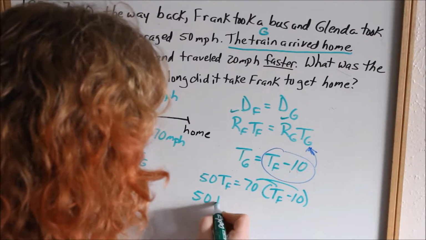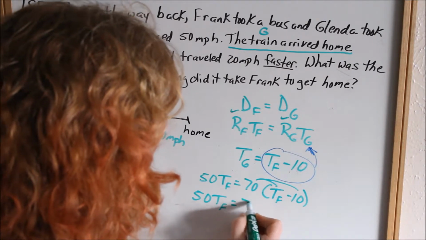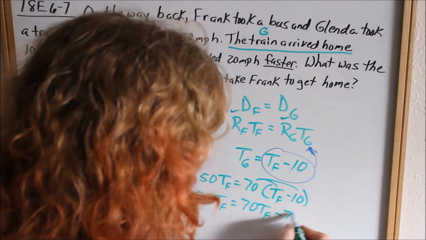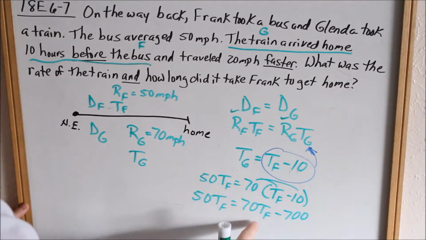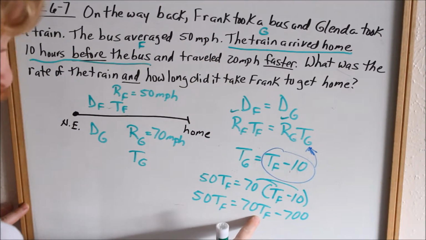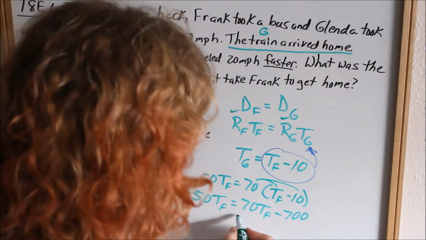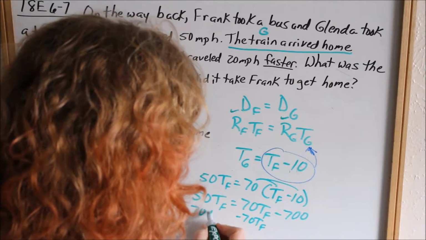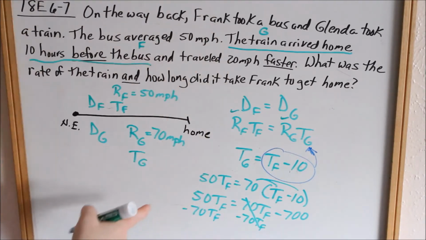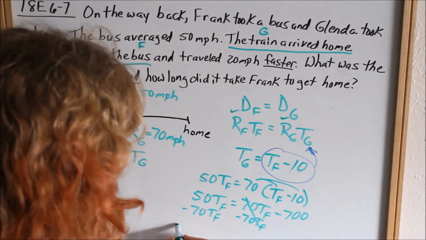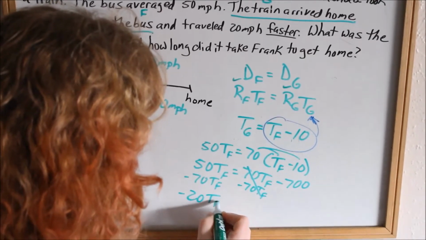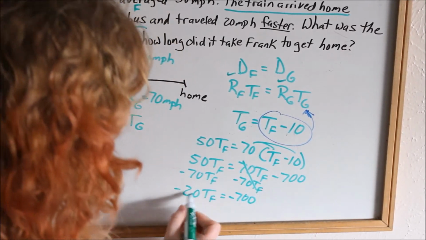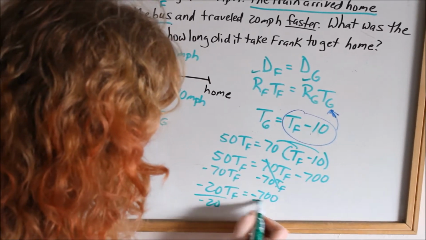So we have 50 T sub F equals 70 T sub F minus 700. Get our variables on the same side. So subtract our 70 T sub F to the other side. That goes away. 50 minus 70 is a negative 20. And then over here we have a negative 700. Divide both sides by our negative 20.